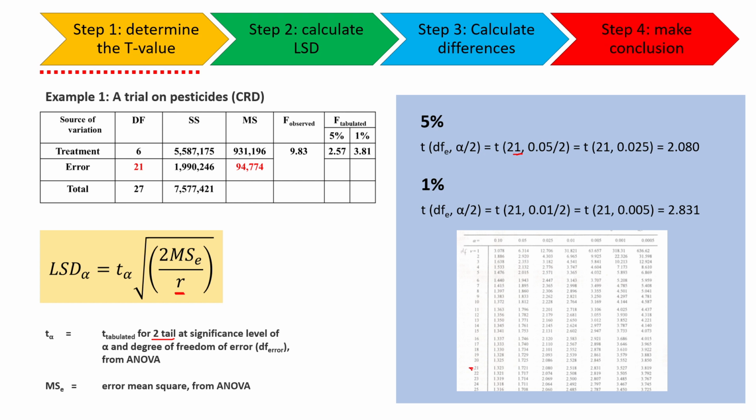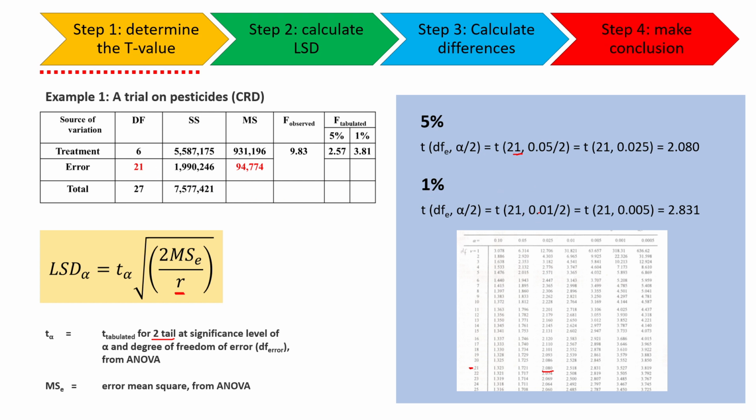Go to your T reference table, look for degree of freedom 21, which is this one, and look for 0.025. So go down, so this is the number that you get, 2.080. So what about 1%? So the degree of freedom for error will be the same, 21.